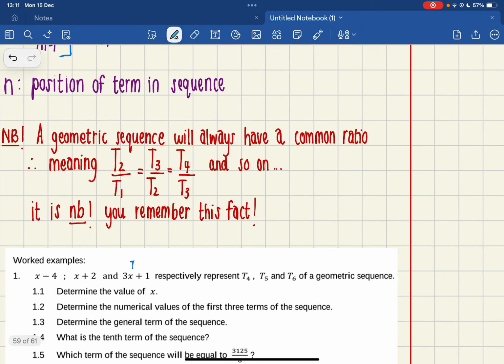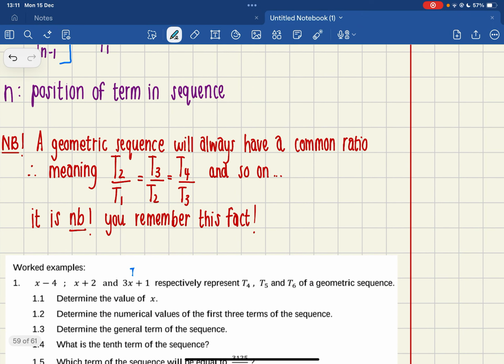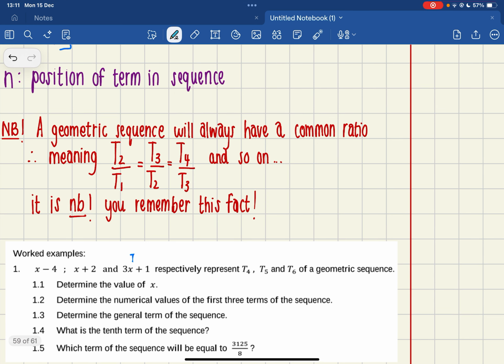If you take anything from this lesson, I want you to go home knowing that a geometric sequence will always have a common ratio, meaning that T2 over T1 is equal to T3 over T2 and T4 over T3. These are equal.